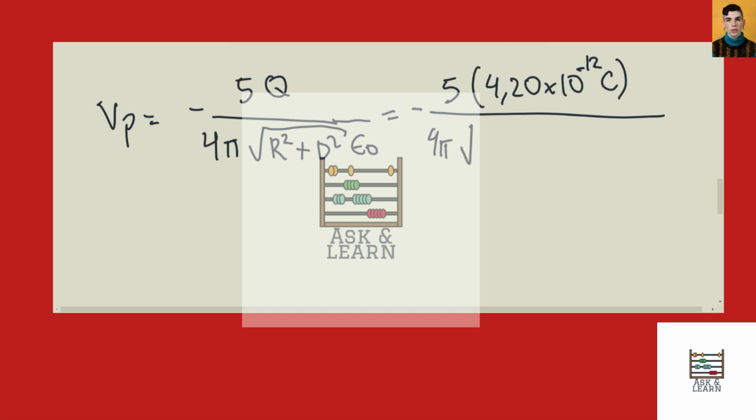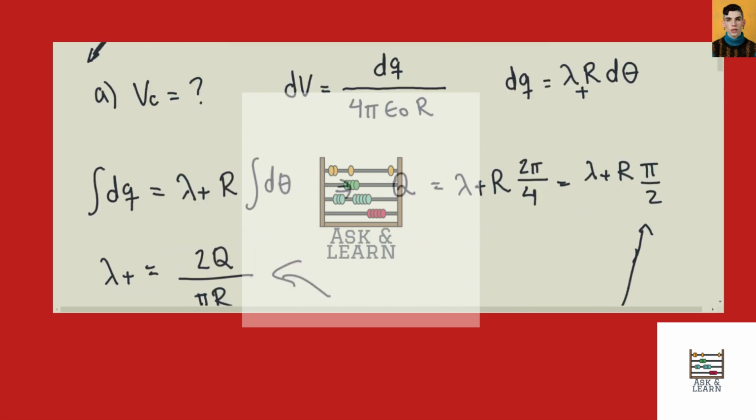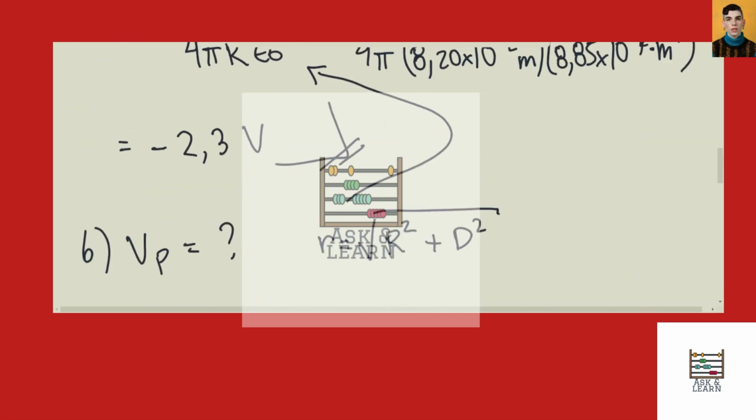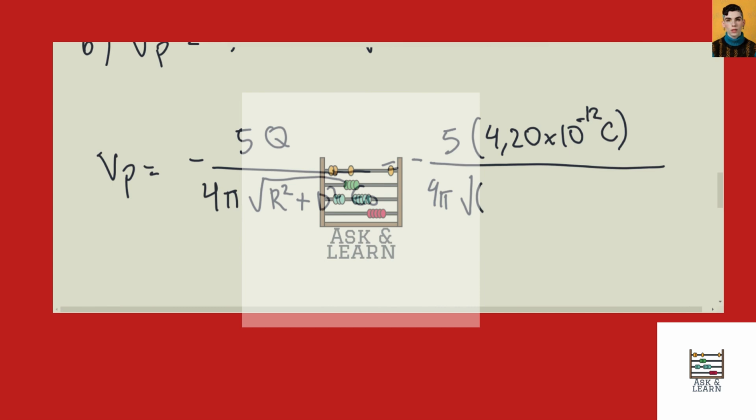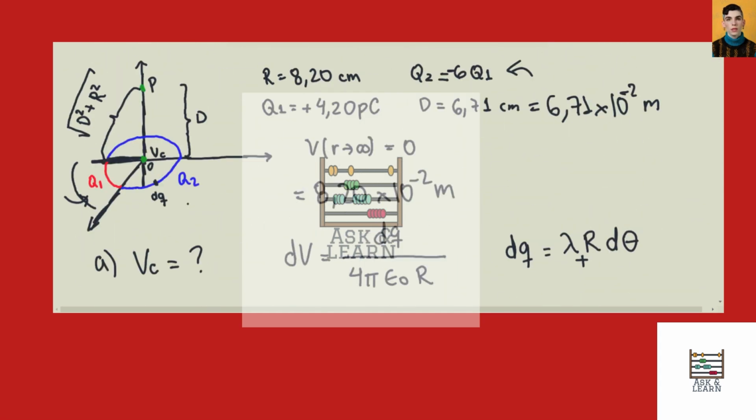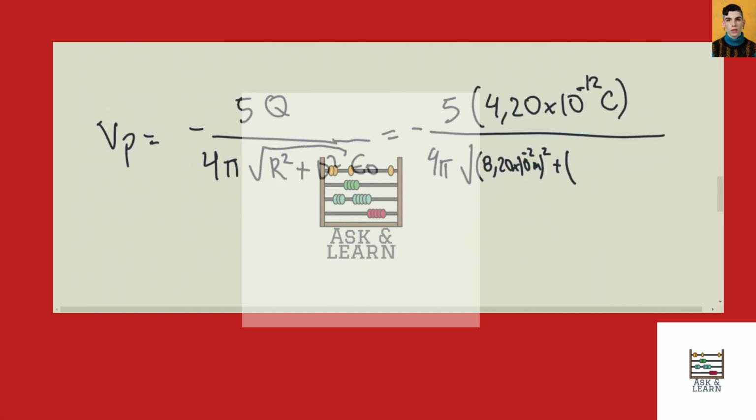The distance in here should be the radius squared, so it is 8.20 times 10 to the minus 2 meters squared, plus the distance d to the point P, which is 6.71 times 10 to the minus 2 meters squared, and we take the square root of all of this, and also the value of epsilon sub 0.